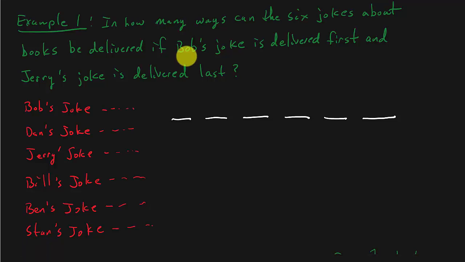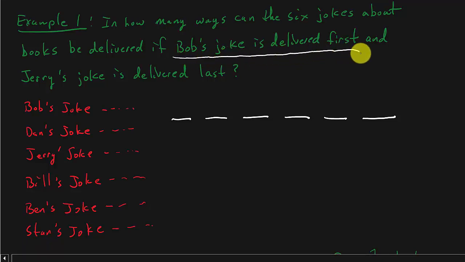But what does it say? Bob's joke is delivered first. So Bob's joke has to be delivered first, so we only have one choice here. It has to be Bob. And before we go on, let's look and see what else it says. Jerry's joke has to be delivered last.